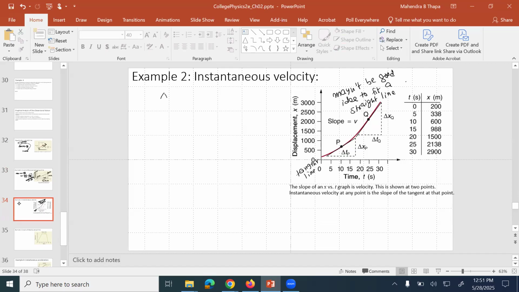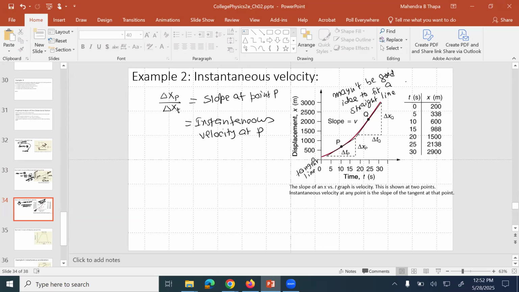So delta x over delta t, that basically gives you the slope at point P, and this is the instantaneous velocity at point P.